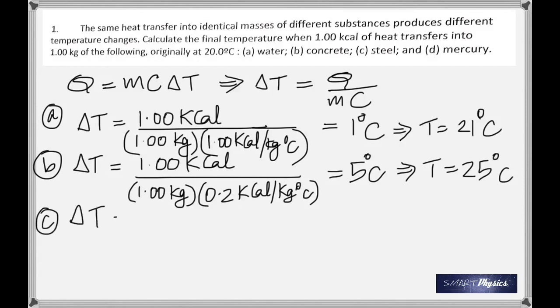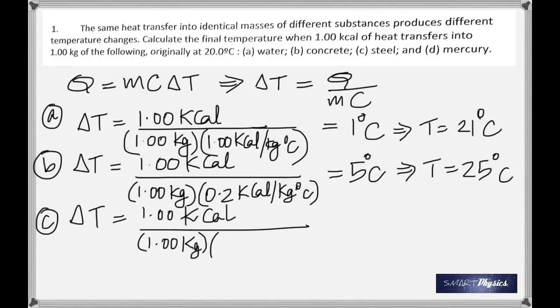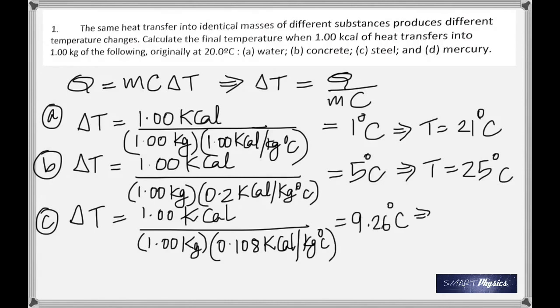C is about steel. In this case, the specific heat is 0.108. Again, kilocalorie per kilogram degree Celsius. Gives 9.26. So the change is 20 plus 9.26, which is approximately 29.3.